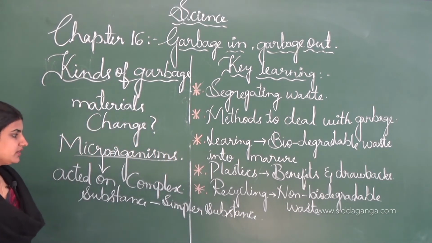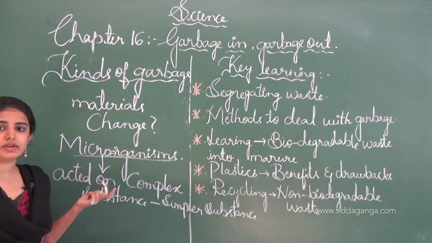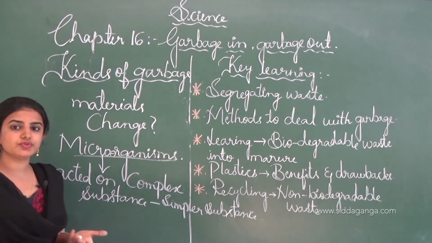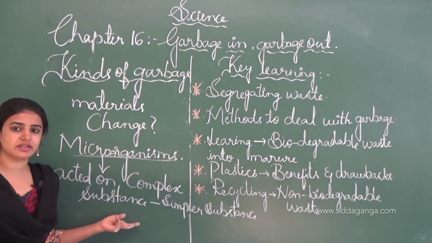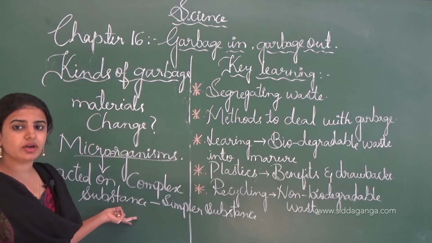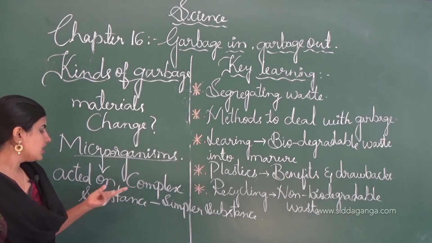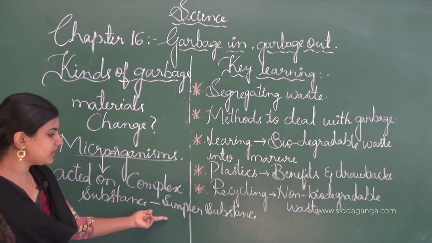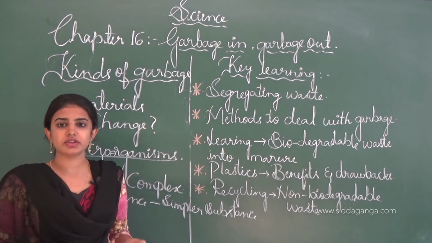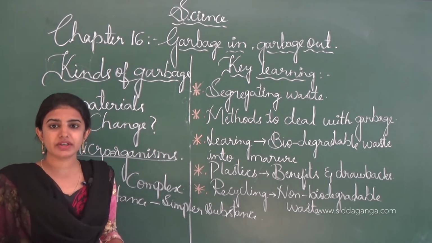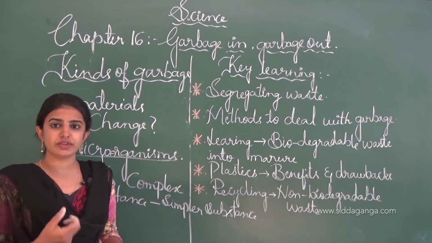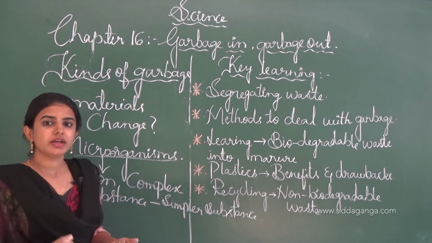So in this case, the microorganisms are very useful for us, because when a complex substance is present in nature, they decompose it and act upon it to make it into a simpler one, which helps the soil contain the minerals as well as the different types of nutrients required for growing plants.